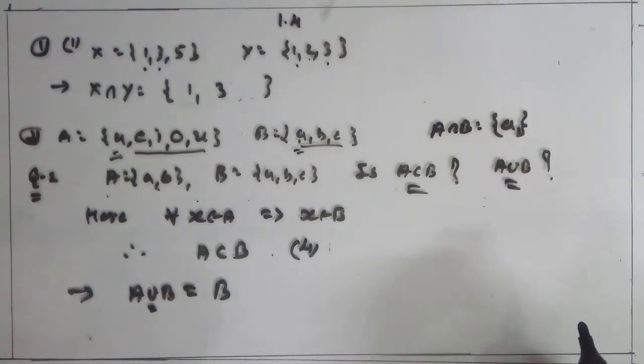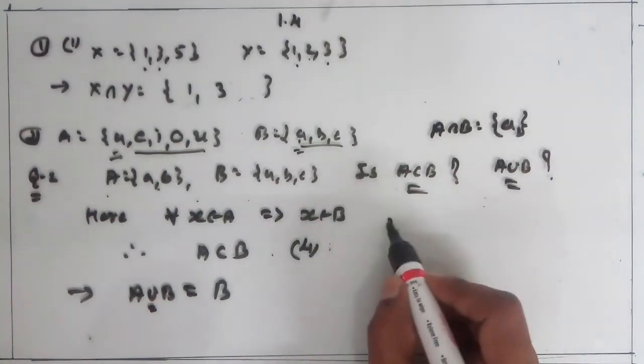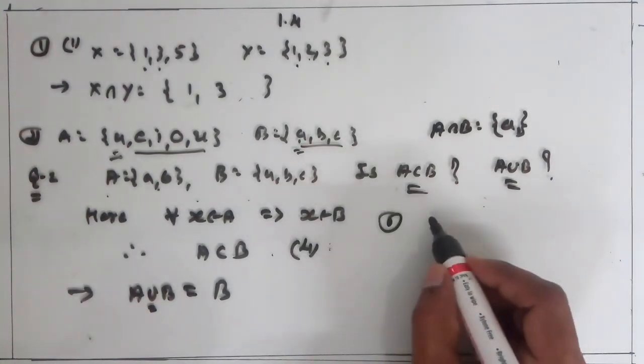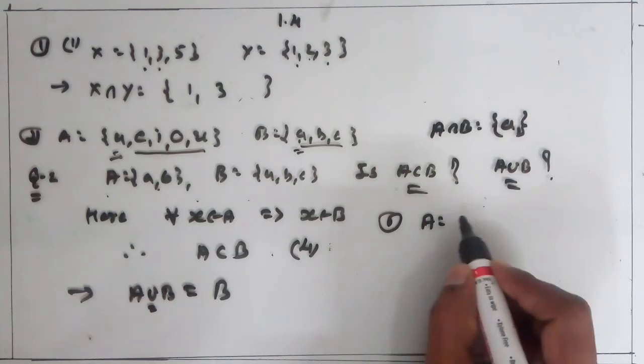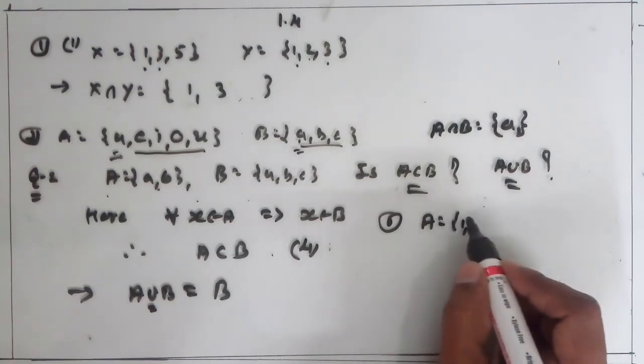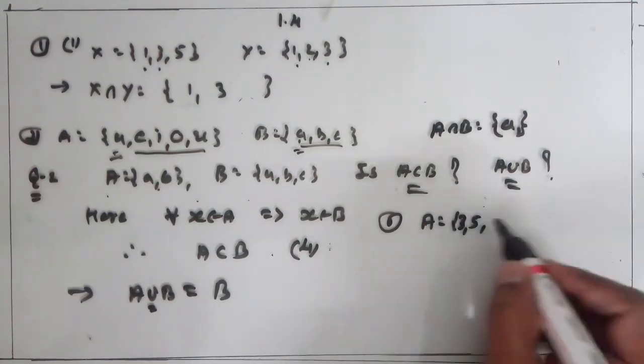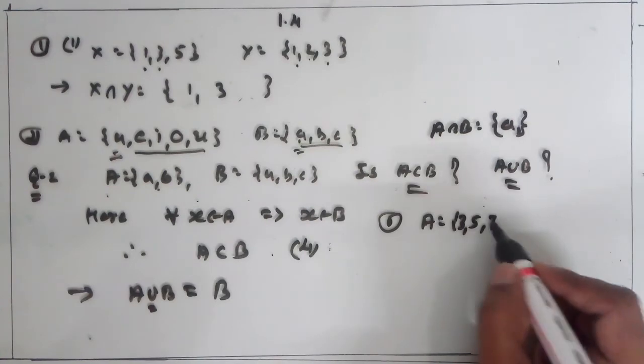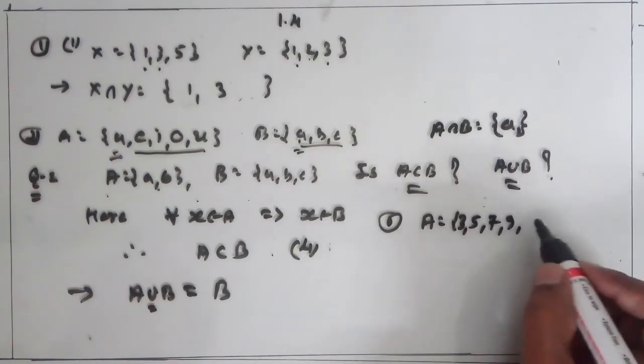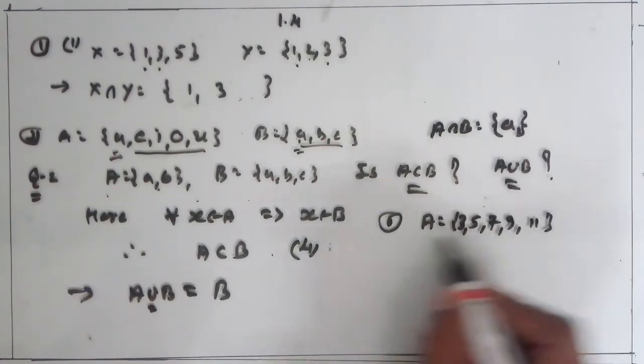Now question number 6. Here in question 6 given, remember this, A is equal to {3, 5, 7, 9, 11}.